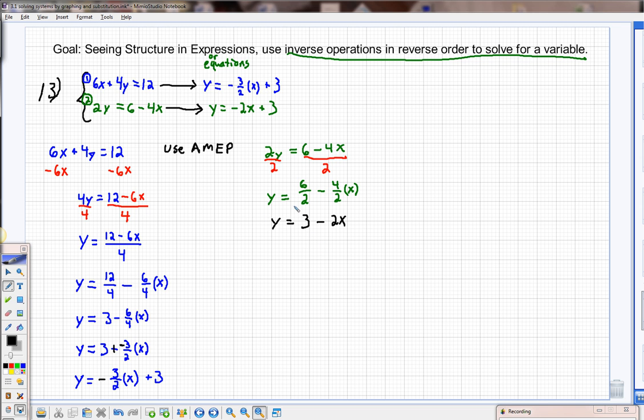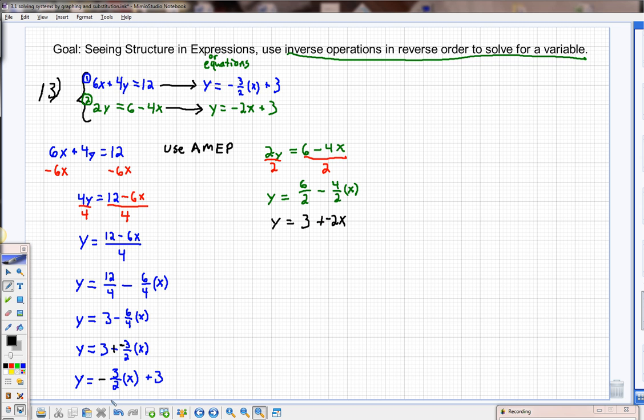Now, in order to get this into y equals mx plus b form, by the commutative property of addition, I'm going to switch around the minus 2x and the 3. But in order to do that, I need to think about it as plus a negative.